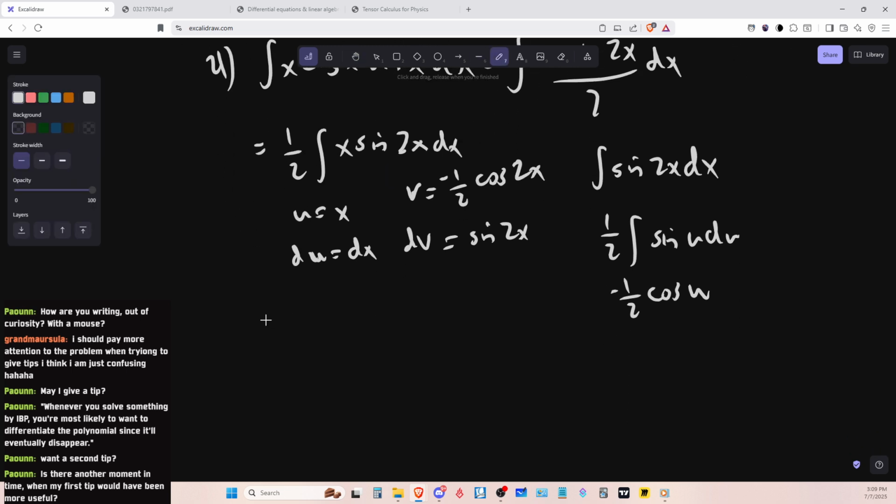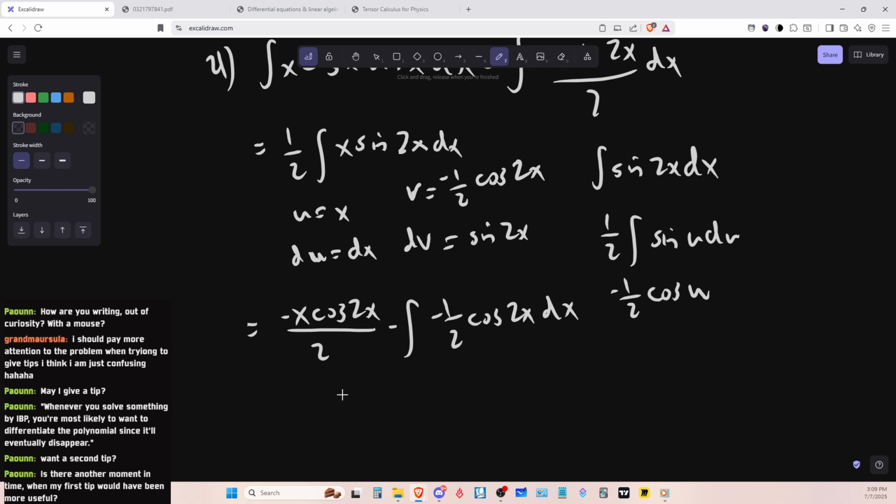Okay, and then if we rewrote this, we would basically have negative x cosine over 2 minus negative a half cosine 2x dx.